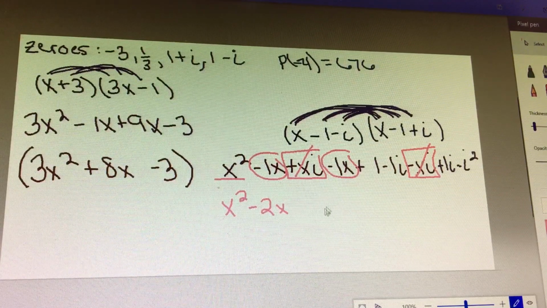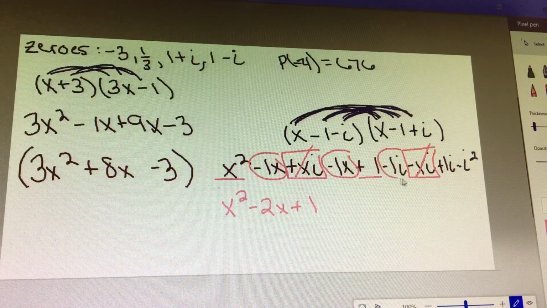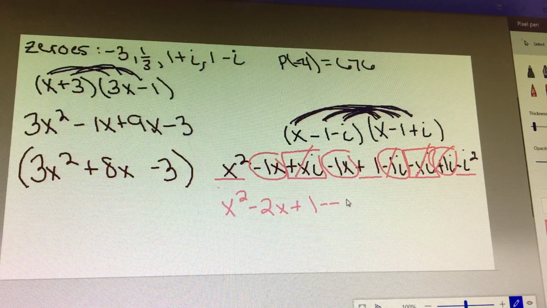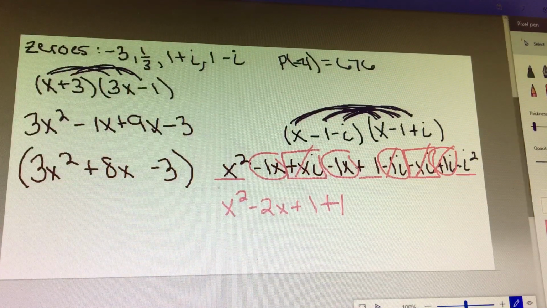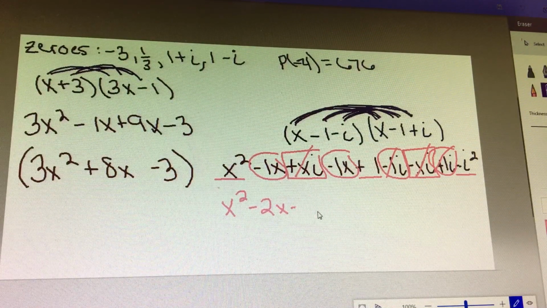I have a positive 1 by itself. Then I have a -1i and positive 1i, and those cancel each other out. And then negative i squared. Negative i squared is negative 1, so minus negative 1 turns into plus 1. So if I really took this here, this is really just plus 2.